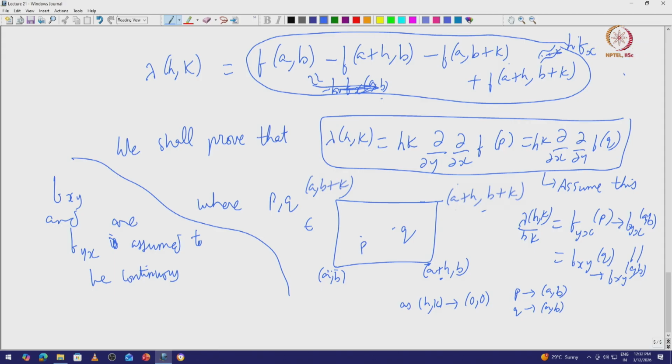So the point is, this is a second order difference, right? And if you don't take limits, the second order difference is symmetric in h and k, right? So the roles of h and k can be interchanged. Notice that the same operations that are done for h are done for k, okay?